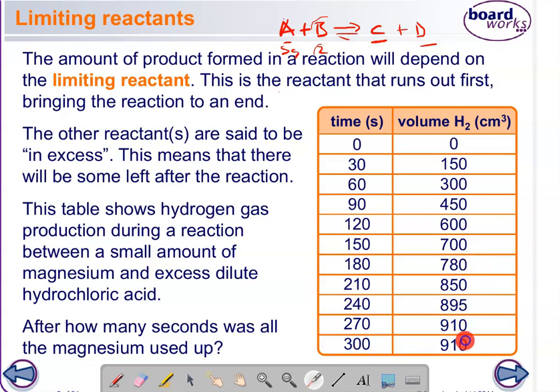What it means is that there was no more magnesium to react to produce additional hydrogen gas. So limiting reactants are the reactants that run out, and the excess reactants are the reactants that remain after the reaction.